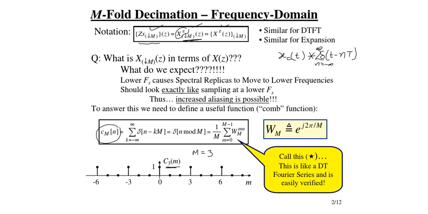We want to drop 2 samples in the case of downsampling factor of 3, so we define the impulse train such that it is defined at every third sample, right? All the deltas are added at integer multiples of M, and we can also write this as a circular convolution, because after shifting it circularly we get the same 3m, right? So we can write it in this way also.